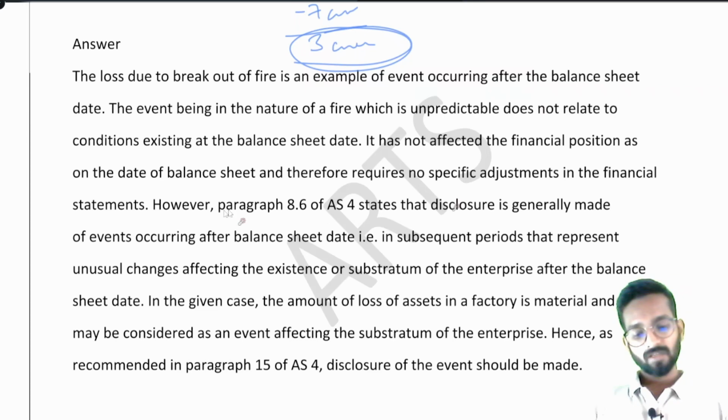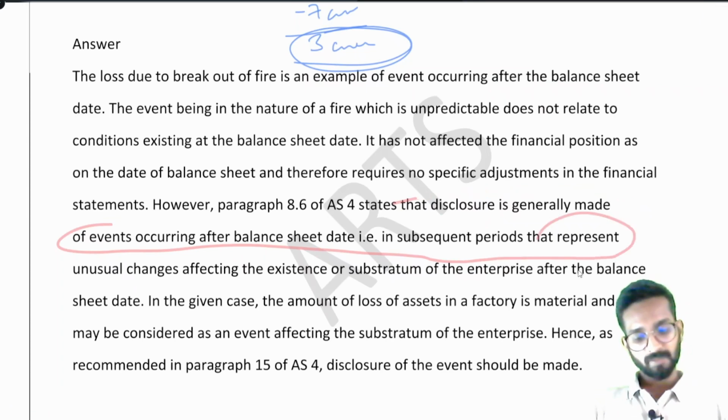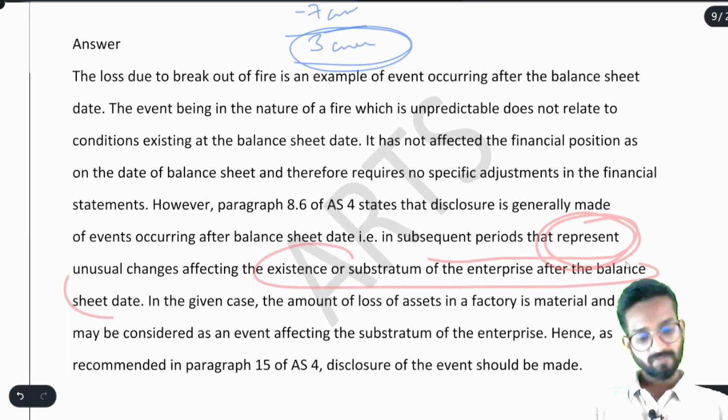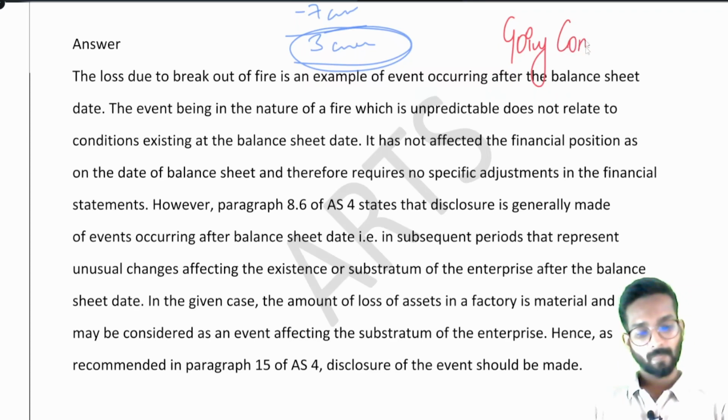However, AS 4 states that disclosure is generally made of events occurring after the balance sheet date, that is in the subsequent period, that represent unusual changes affecting the existence of the enterprise. It means what? Our favorite concept, the going concern.